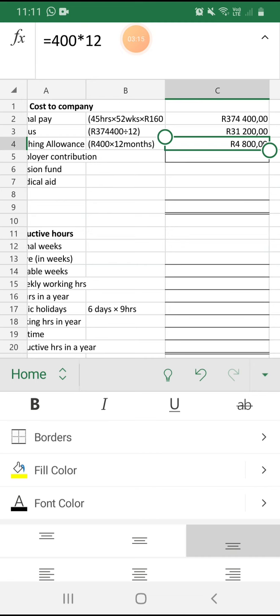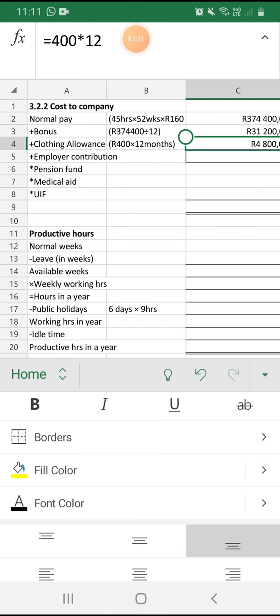Then we move on to the employer contributions. We have 3 employer contributions: the pension fund, the medical aid, and the unemployment insurance fund. We were told that the employer contributes 8% to the pension fund.